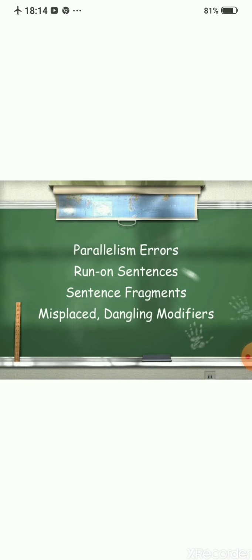On the screen, just see it: parallelism errors, run-on sentence errors, sentence fragments, misplaced or dangling modifiers. So what is parallelism? In grammar, parallelism, also known as parallel structure or parallel construction, is a balance within one or more sentences of similar phrases or clauses that have the same grammatical structure.